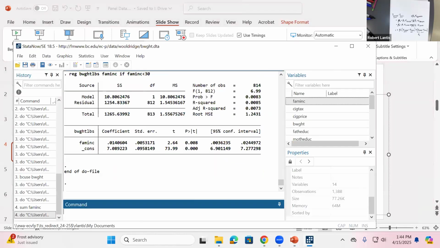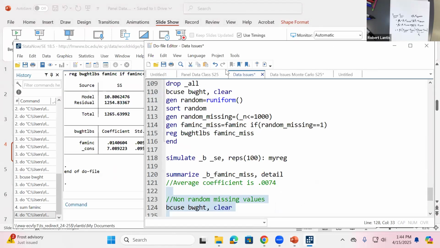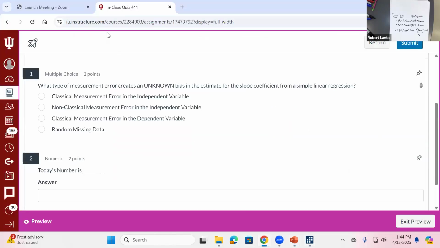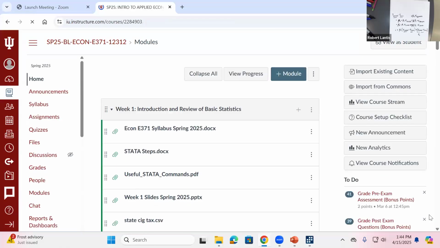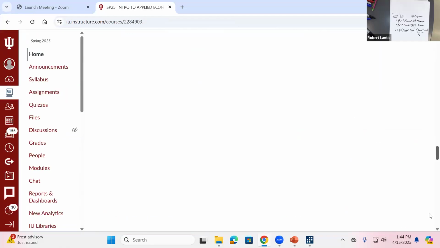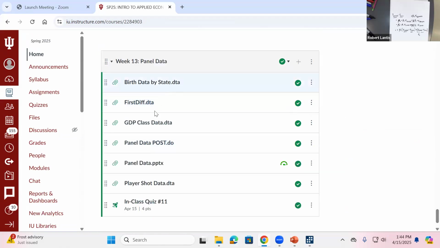So we'll look at that do file, which was panel data. We'll go back and show you where it's at. My panel data post is the file that you will be using.